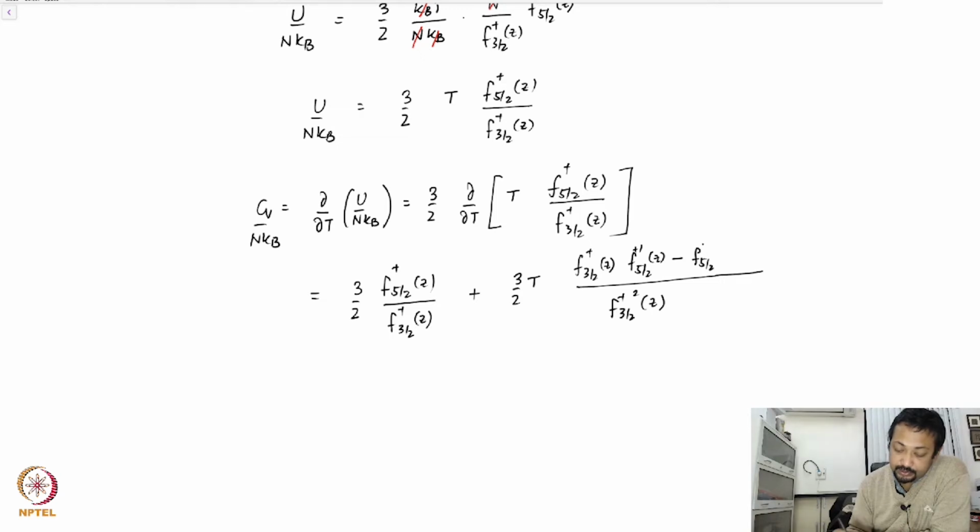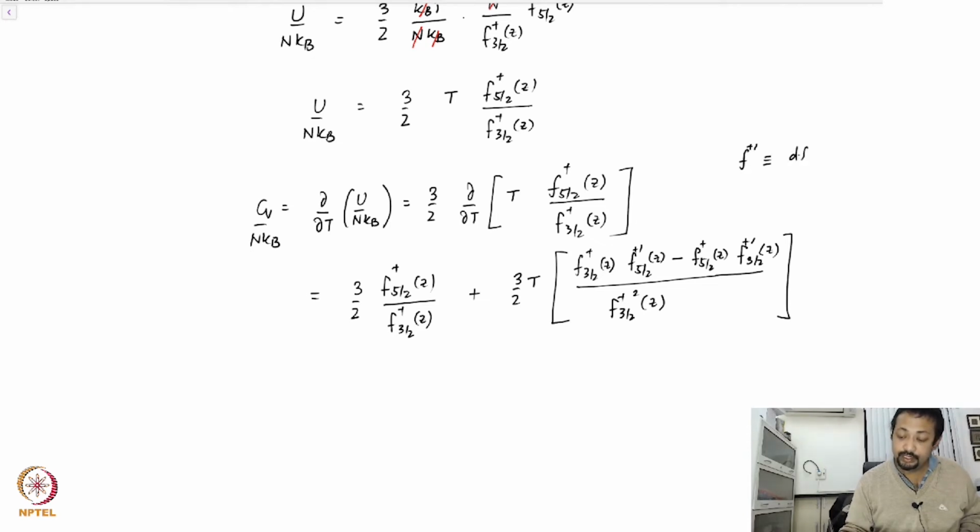So there's a plus Z F dash of (3/2)Z. This is the complication, where F dash plus is identical to dF/dT.